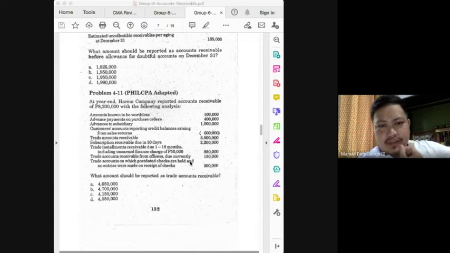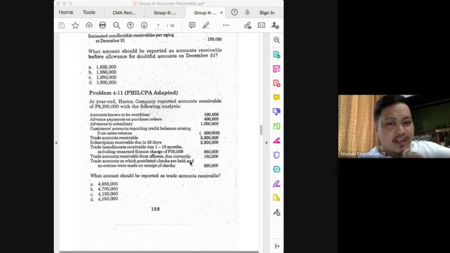Trade accounts receivable in the amount of 3,500,000. Obviously, that would be the main source of our trade accounts receivable account. Subscriptions receivable due in 30 days. We've mentioned before that if a subscriptions receivable is expected to be collected within 1 year, it will be reported as a current asset.